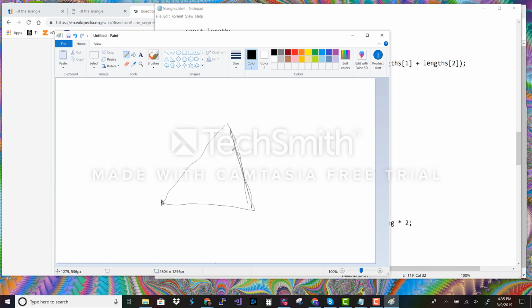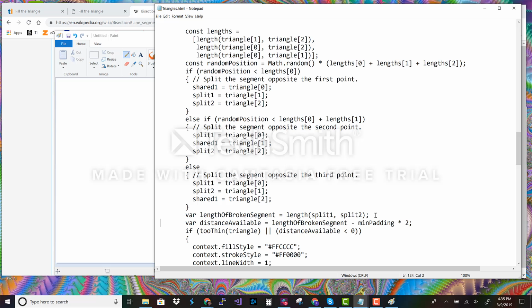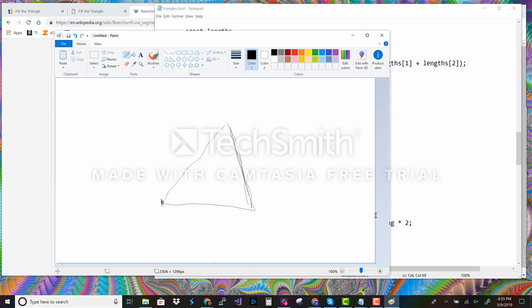We're just taking the length of this segment that we decide we're going to break. And then remember that we're cutting off the padding. We have these 5 pixels that you can't really use. We didn't consider that before now. We could have, but it doesn't really matter. So we have this area here. Somewhere randomly within here we're going to have our line segment end. Again, it's going to start at this one point.